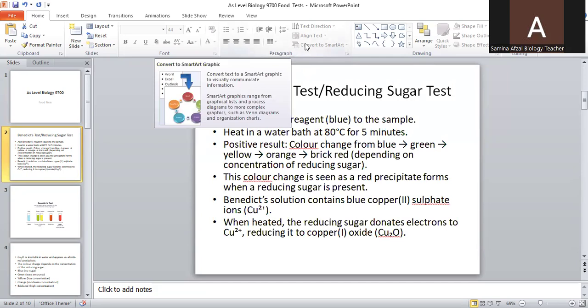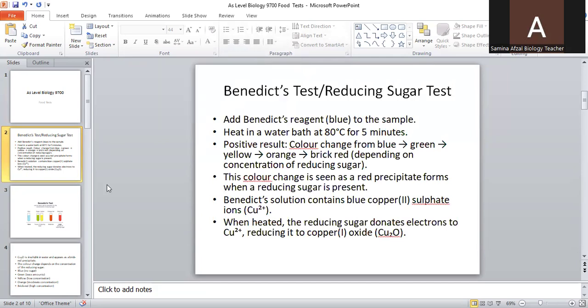And students, you know, the Benedict test is performed with the help of a reagent, which is called Benedict reagent. For this purpose, you need to take a test tube for the solution which has been provided to you in the examination hall.